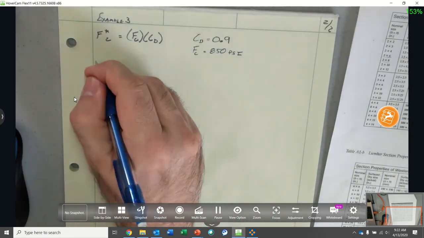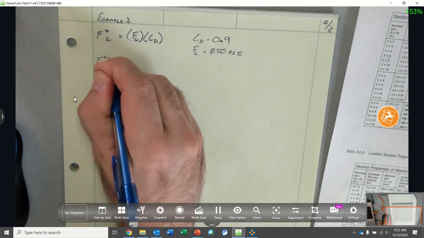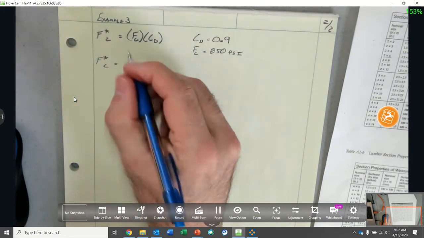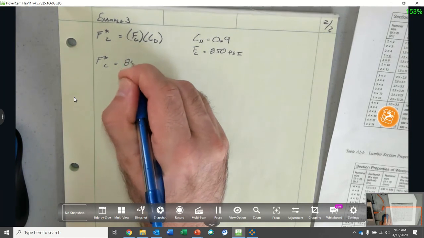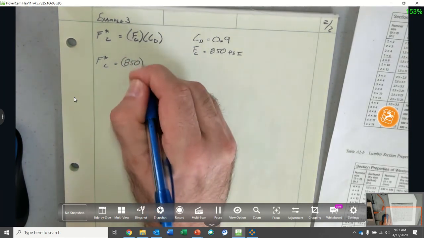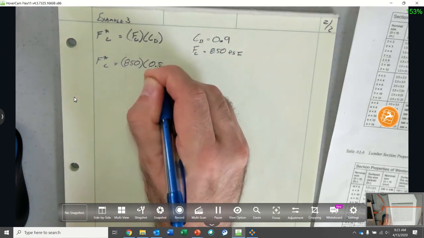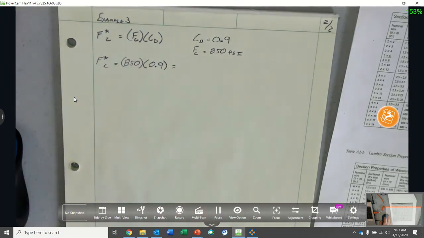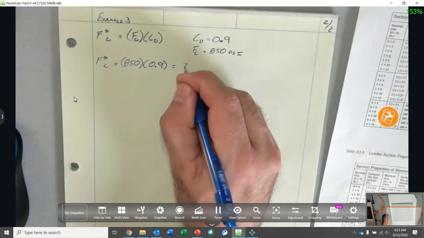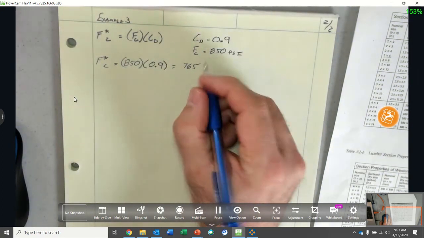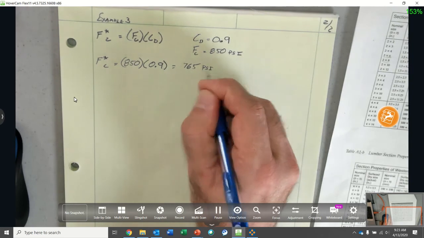So F star C equals 850 times 0.9, which equals 765 pounds per square inch.